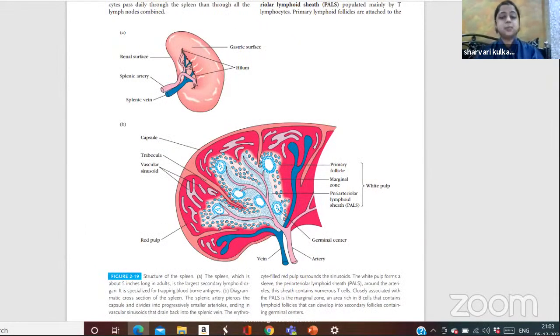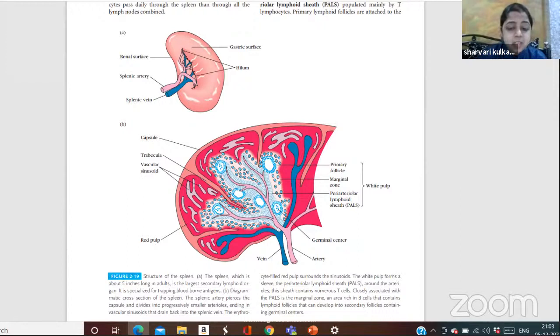Now, spleen. Spleen is a very important organ. Spleen has two regions, red pulp and white pulp. You can see here this artery divides into arterioles. The region immediately beside these arterioles is known as PALS, the periarteriolar lymphoid sheath.